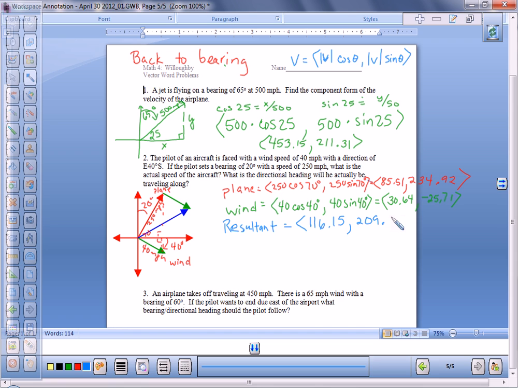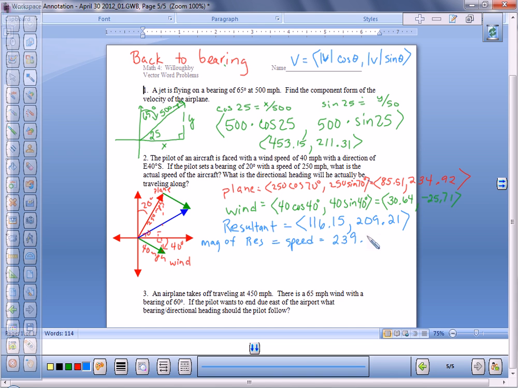Now, what we're going to do to get the speed is the magnitude of the result. So the speed is going to be the square root of the sum of those squared. So the speed, in this case, is 239.29 miles per hour.